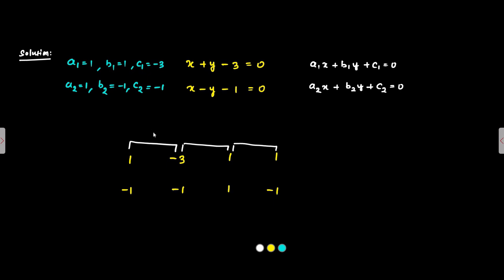So this is x, this is y, this is 1, and we have to cross multiply in this way.